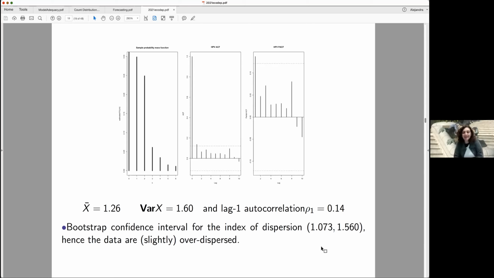So the data are slightly overdispersed. So maybe the Poisson model is not exactly what we need, and what we can do here is change the type of noise we are adding, the innovations. We can put something that is not equidispersed like the Poisson random variables.